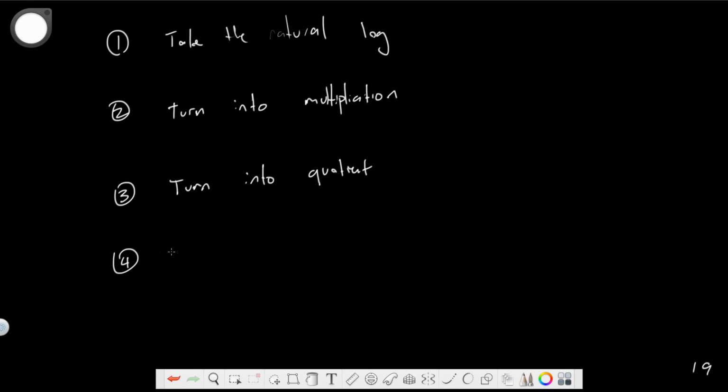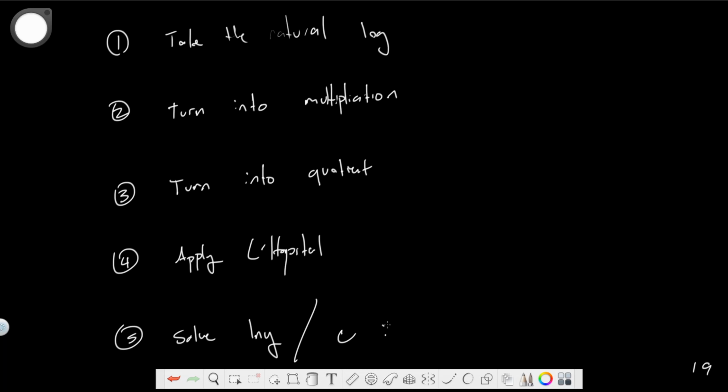Step 4, apply L'Hopital. And then step 5, solve for ln y and e it up.